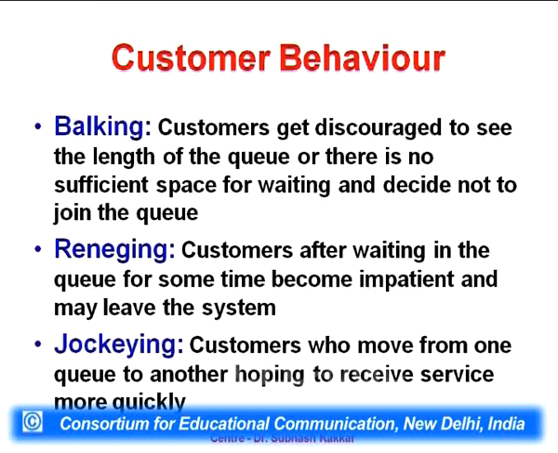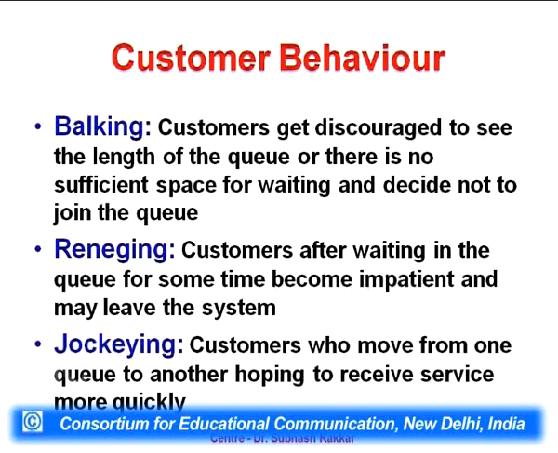The second can be that the space is not available where the customer can stand and wait for his turn. Reneging. The customers after waiting in the queue for some time become impatient and may leave the system. This is a typical behavior of the customer. The customer is standing in the queue, then he finds that the service facility is taking more time, then he decides to leave the queue.